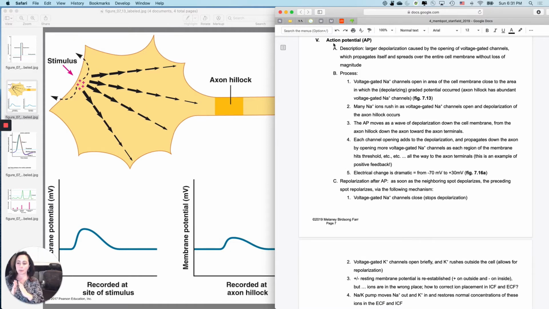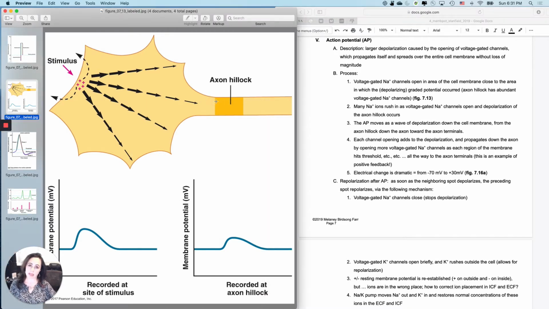Because if I depolarize this voltage-gated sodium channel to minus 55, then it will let enough sodium in to make sure that this one gets to minus 55. And that will let more sodium in to make sure that this one gets to minus 55, all the way down the axon hillock. So if I open the first one, it will make sure that the next one opens, and the next one opens, and the next one opens.